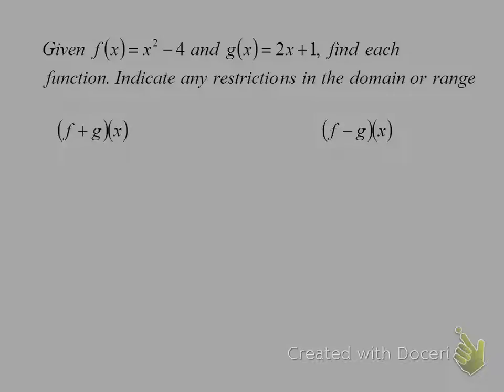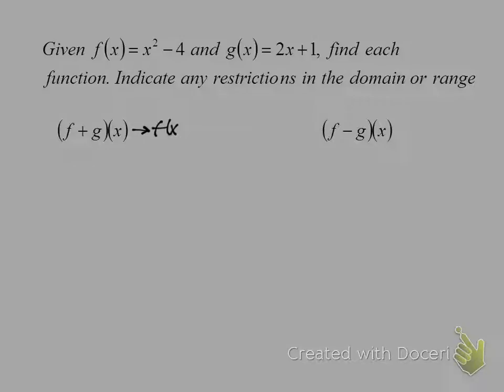Given f of x equals x squared minus 4, g of x equals 2x plus 1. Find each function, indicating restrictions in the domain or range. That's your fancy words for the denominator stuff, so we'll get to that in a second. Number 1, you have f plus g of x. Get in the habit of turning it from the notation you're given into the notation that's useful.